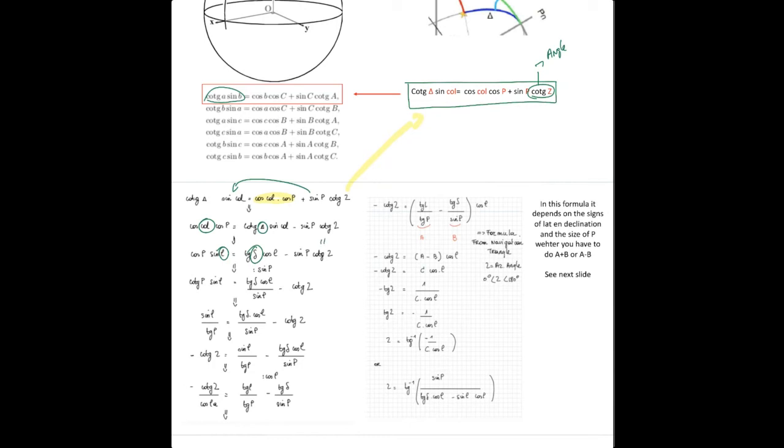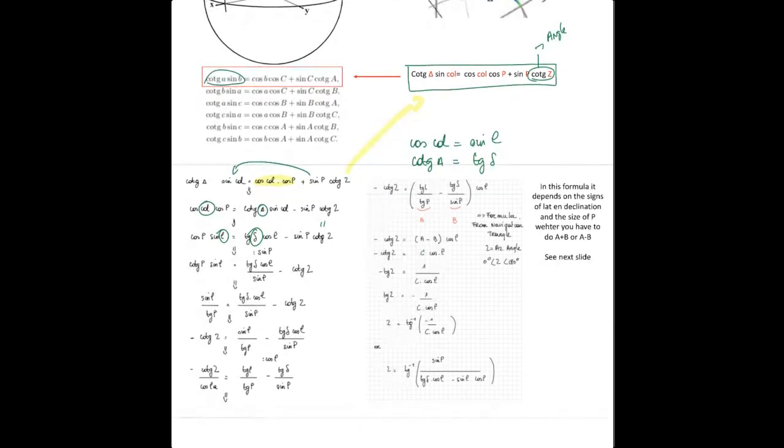So we know that the cosine of the colatitude equals the sine of the latitude, and that the cotangent of the polar distance equals the tangent of the declination, because 90 degrees minus colatitude is latitude, and 90 degrees minus polar distance is declination.